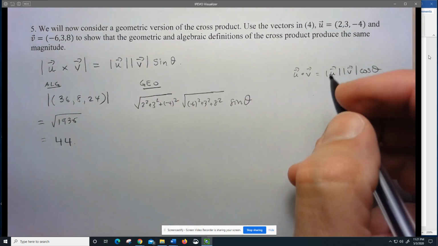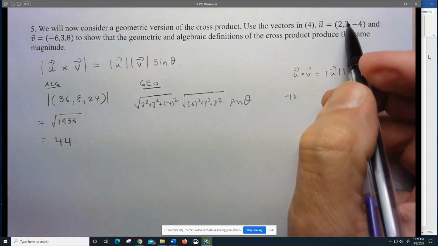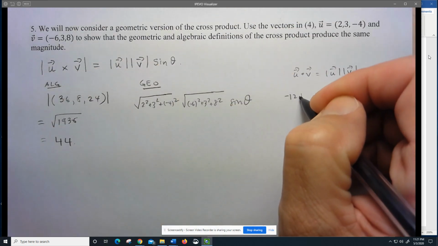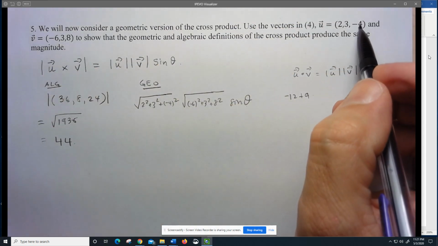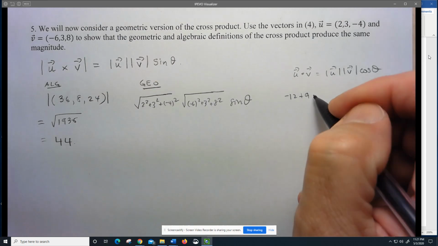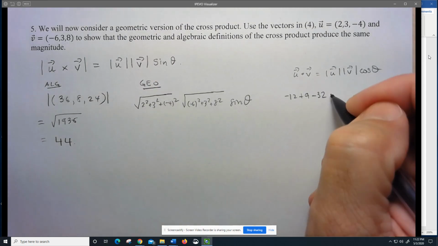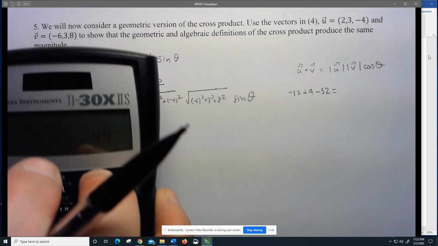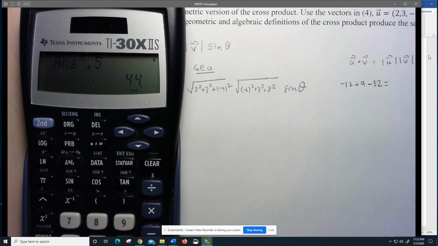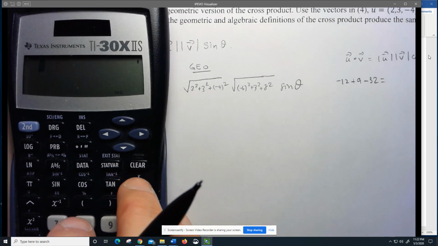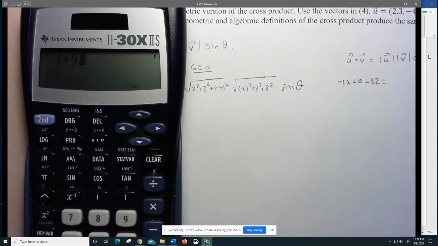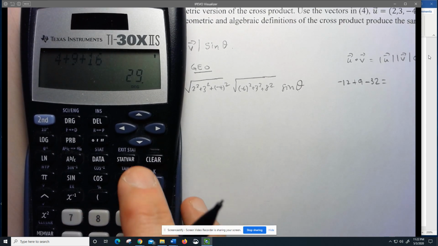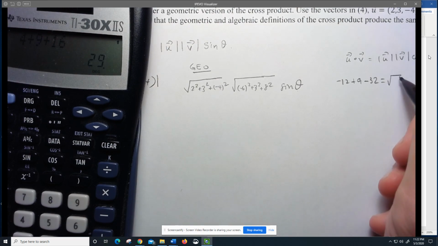So let's do u dot v. 2 times negative 6 is negative 12. 3 times 3 is 9, so plus 9. And then negative 4 times 8 is minus 32. Equal to, well, we already found the magnitude of u, so let's just add this together: 4 plus 9 plus 16, which is 29. Now we could have done that in our heads, but that's okay.